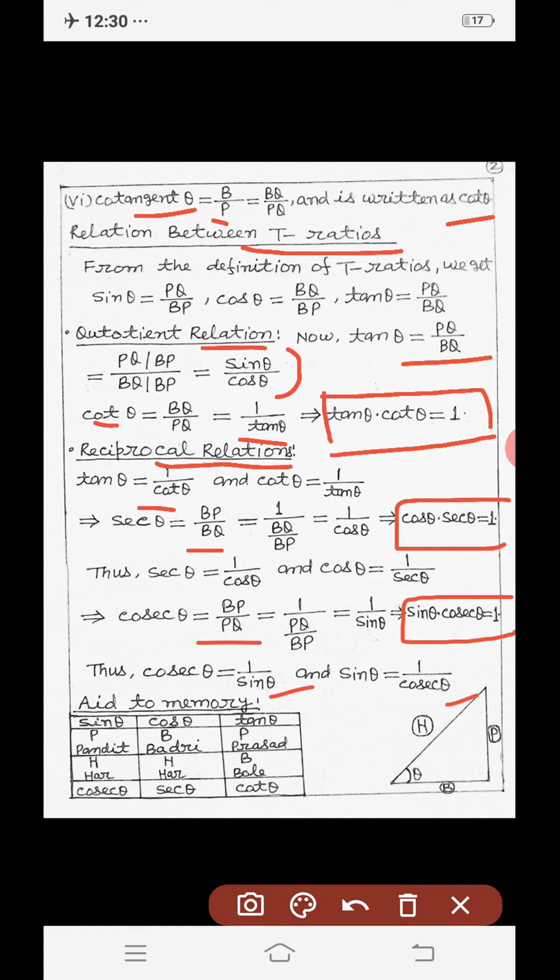Dear students, how can we learn this easily? Here we have given it in table form, that is, add to memory.